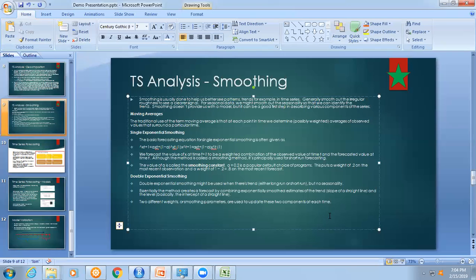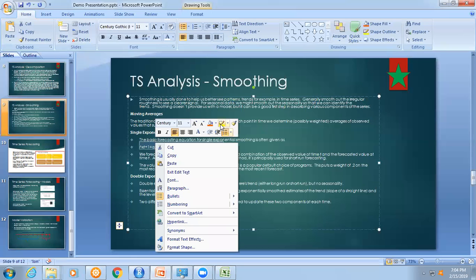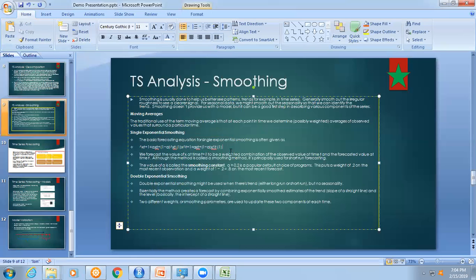The next example of smoothing is single or double exponential smoothing. If you look at the equation that I'm trying to highlight right now, it says that at a particular point, the observed value is a function of the previous values in time.